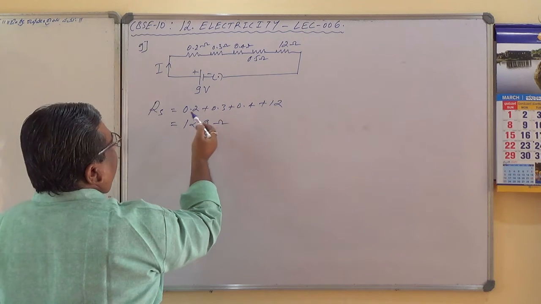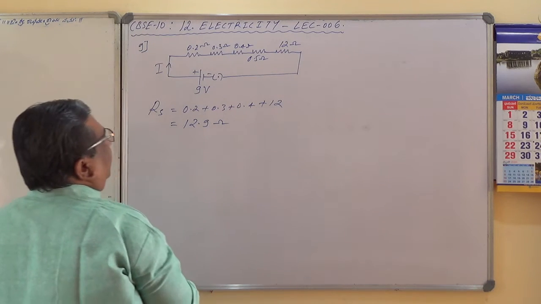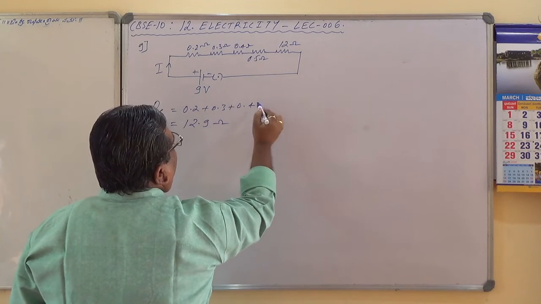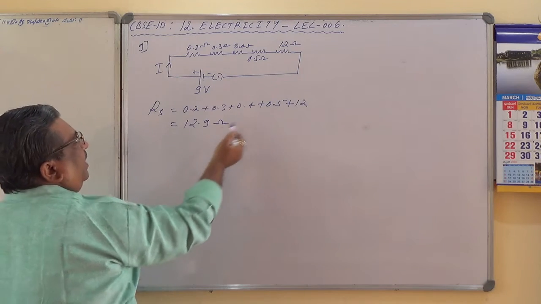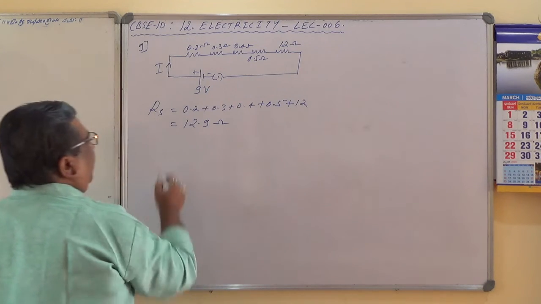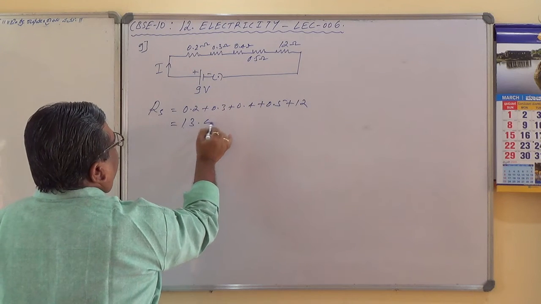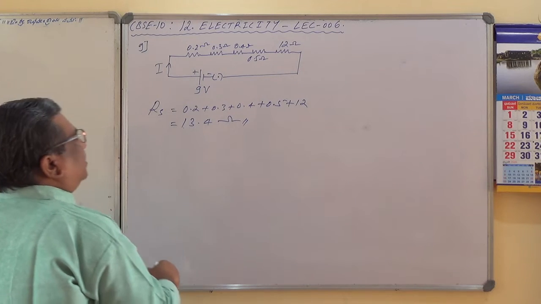Check it. 3 plus 2, 5 plus 4, 9. 0.9 and 12, 12.9. One more is to be added, 0.5. So 12.9 plus 0.5 we are going to add, which is nothing but 13.4. This is the Rs, which is equivalent resistance.